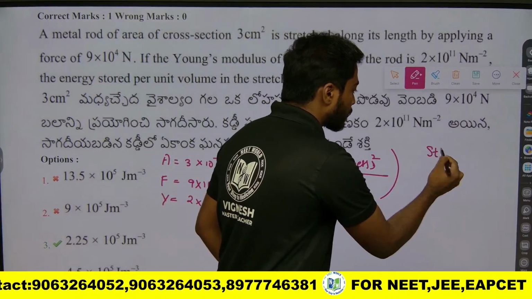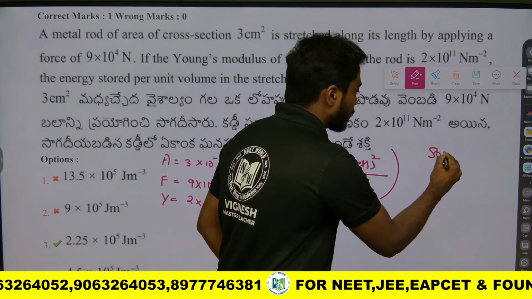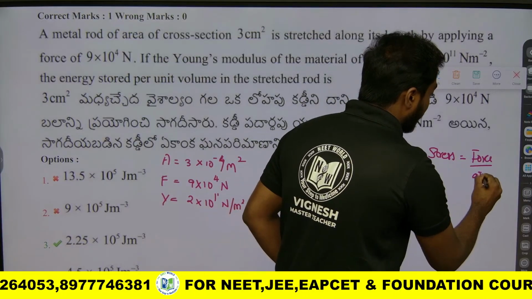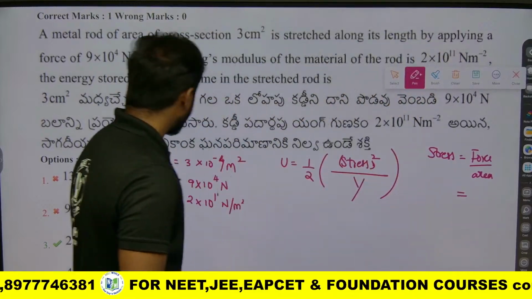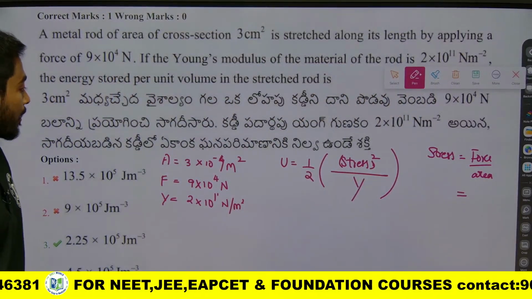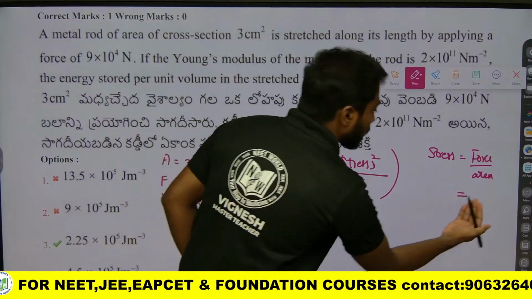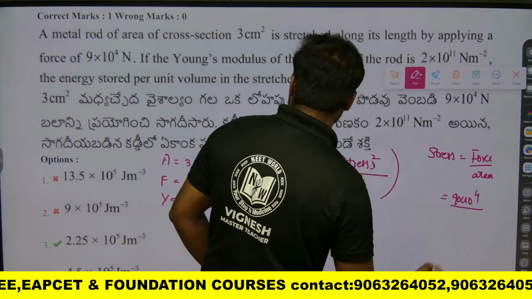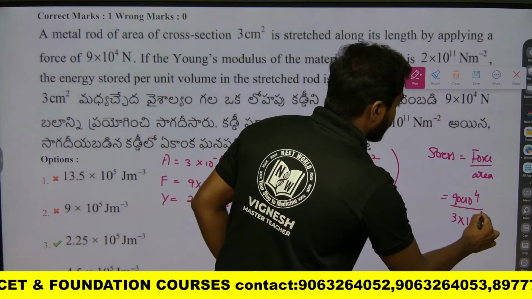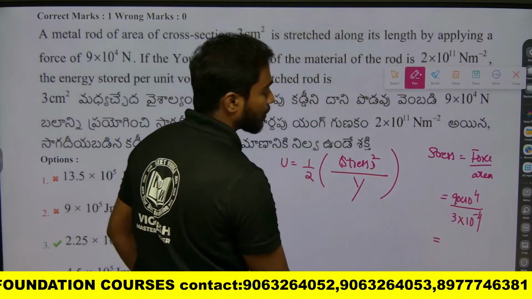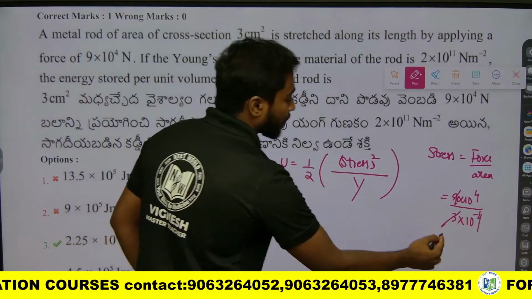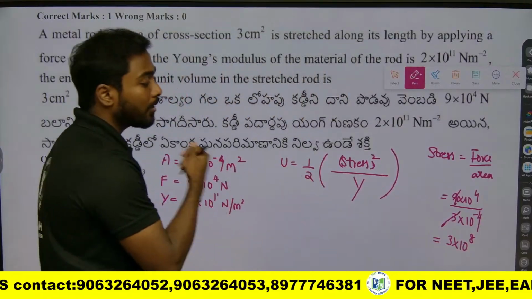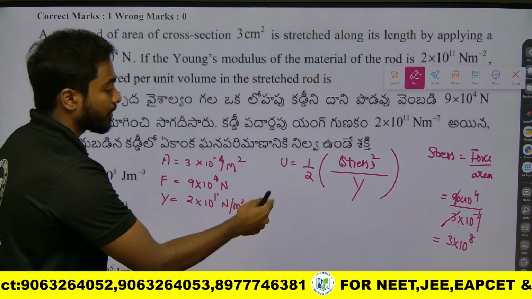Force is given 9 into 10 power 4 and area is 3 into 10 power minus 4. So 9 into 10 power 4 divided by 3 into 10 power minus 4, which is nothing but the 3 gets cancelled and then the 4 goes up. So 3 into 10 power 8. This is the stress.